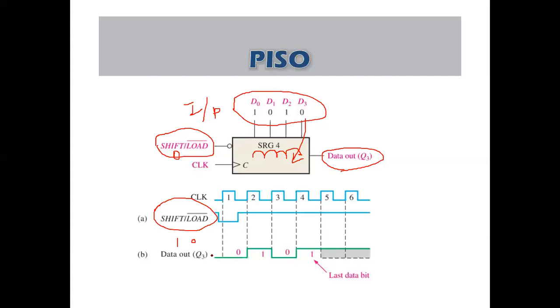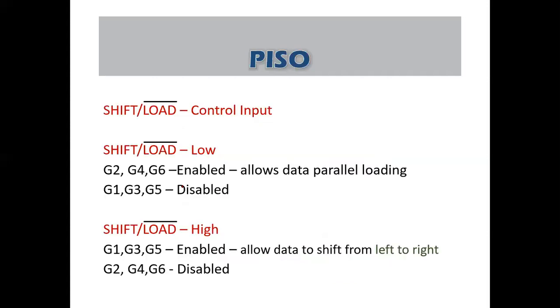Let's see how it is coming. Load or shift is my control input, and I have some gates here. When this is 0, it makes load on. So with load on, gates G2, G4, G6 are on and allow parallel data loading, and some of the gates are disabled.